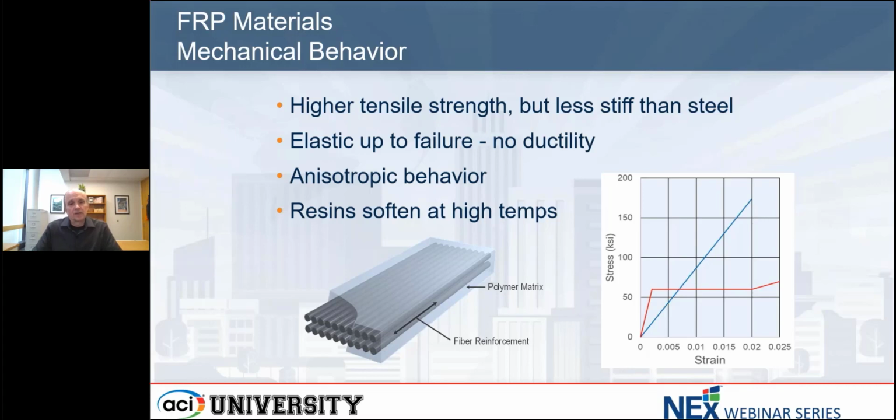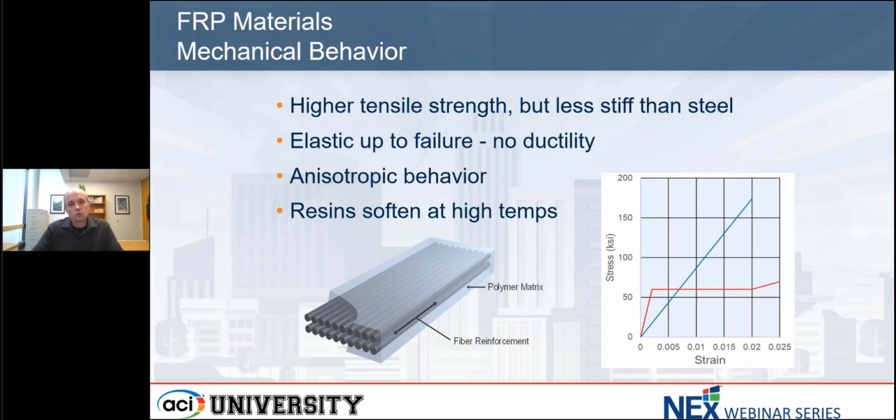The last point up there is that the resins themselves do soften at high temperatures, and the temperature thresholds are fairly low. Most of the resins used in a commercially available GFRP bar will start to soften at a temperature of around, say, 250 degrees Fahrenheit.